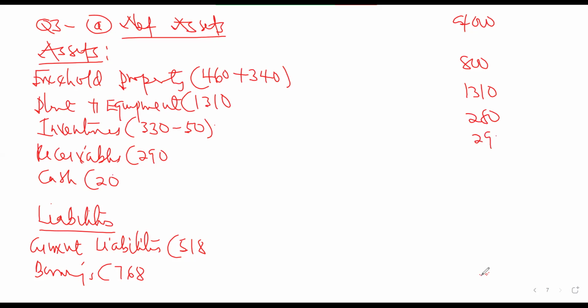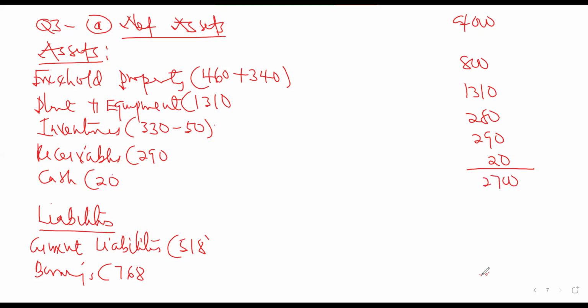Receivables will be 290. Our cash will be 20. If you add, what are you having? I'm having 2,700. Confirm.